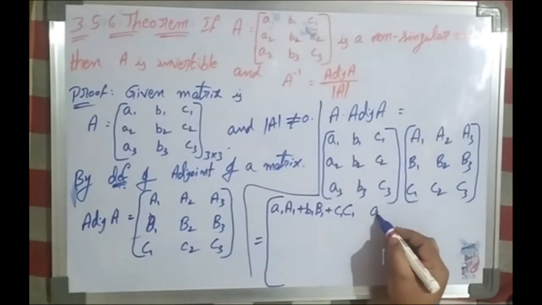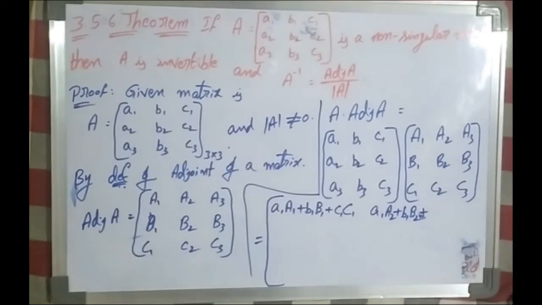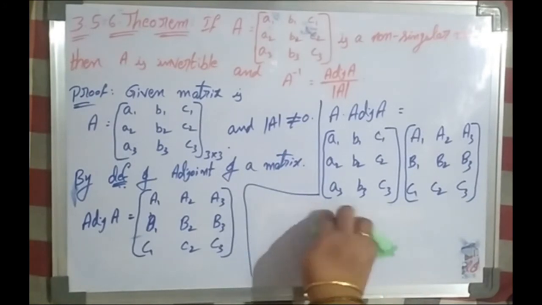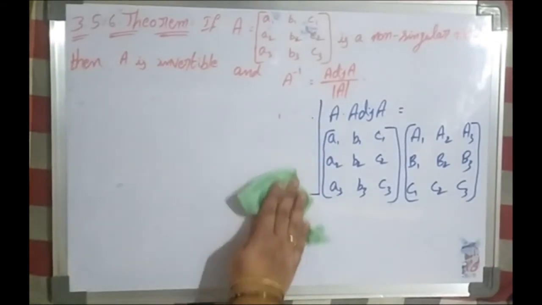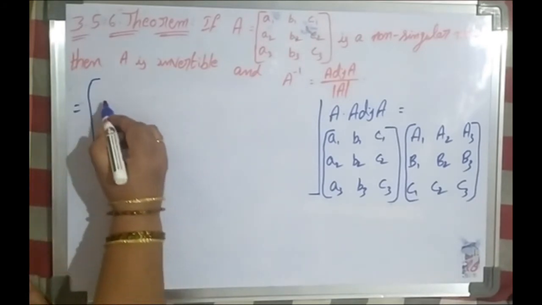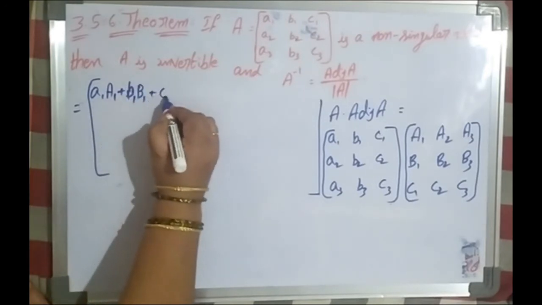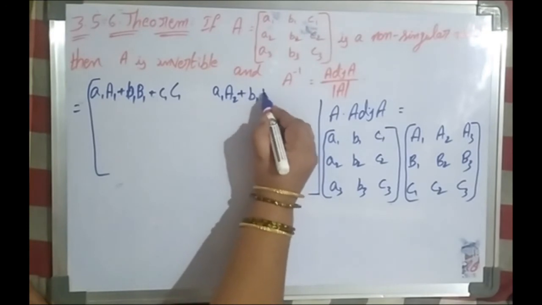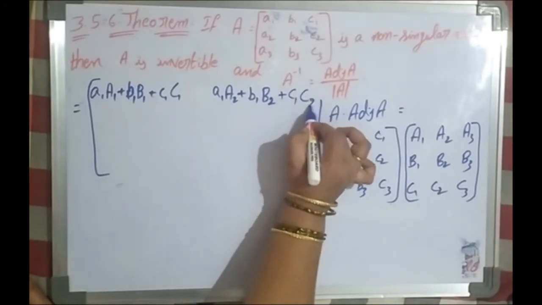First row second column, a1 A2 plus b1 B2 plus c1 C2.